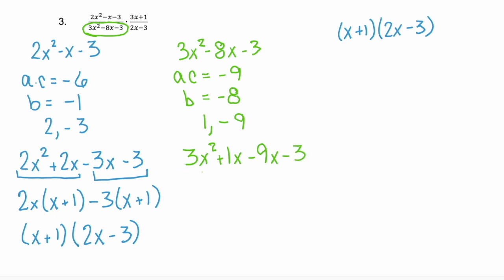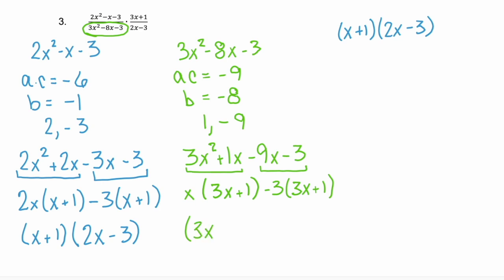And again, factor by grouping. So the first two terms have an x in common, and that leaves 3x plus 1. And the last two terms have negative 3 in common, and that leaves 3x plus 1. We factor out that binomial, 3x plus 1 that they have in common, and we get the binomial x minus 3. So our new denominator for that first rational expression is 3x plus 1 times x minus 3.